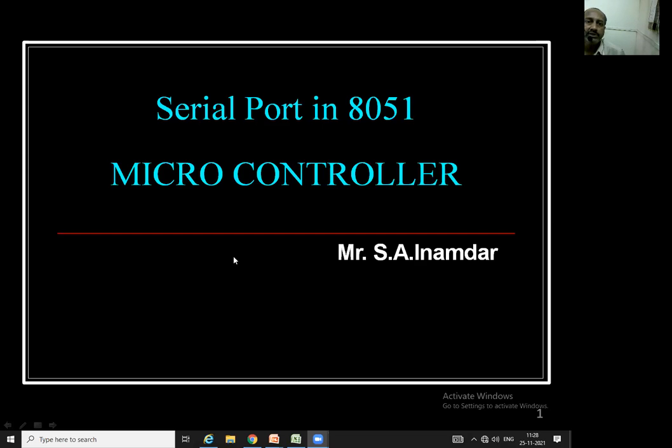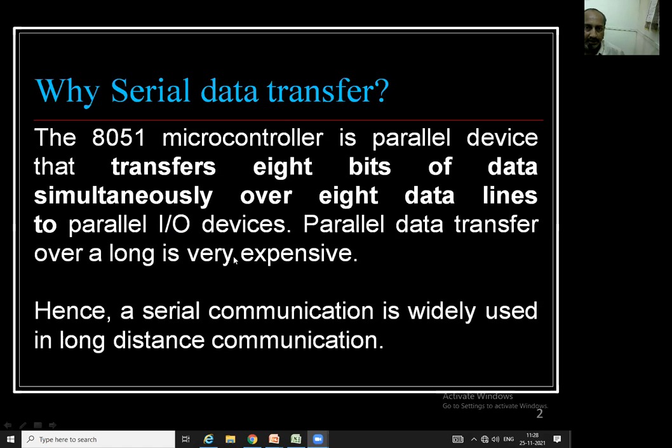Then we will move towards serial port communication in 8051. What is serial communication? Why serial data transfer? Because, as we know, 8051 is compatible with parallel transfer of 8 bits at a time, that is simultaneously. Then why is there a need to go for serial data transfer?